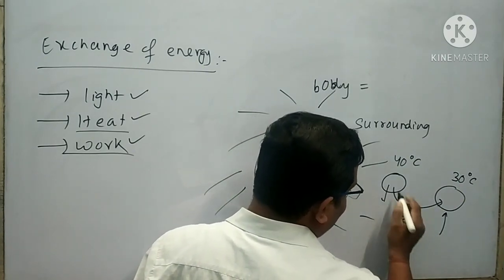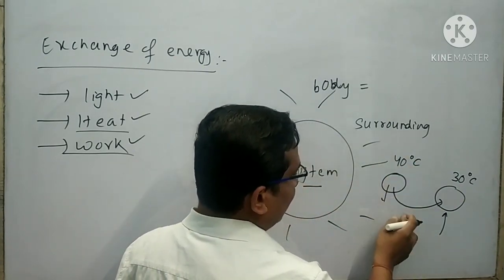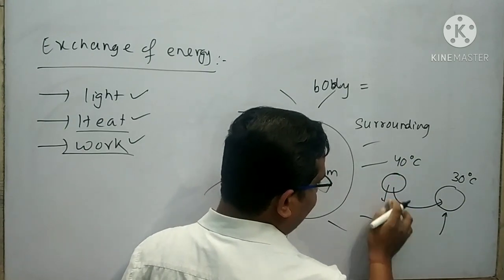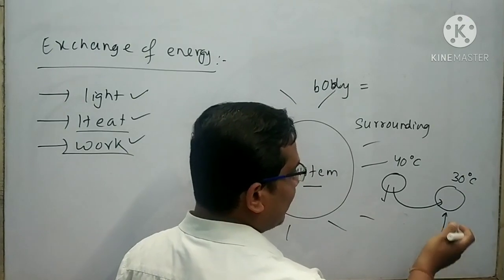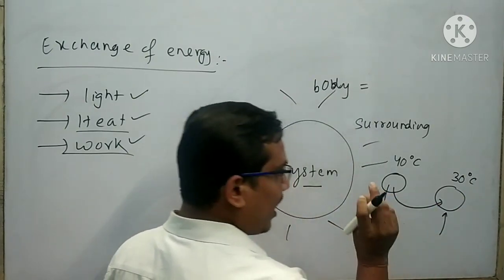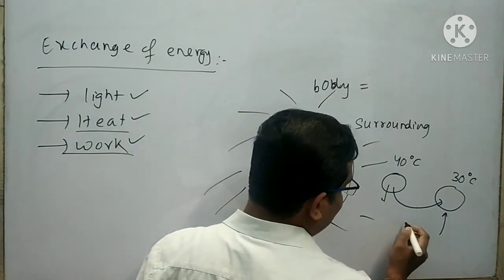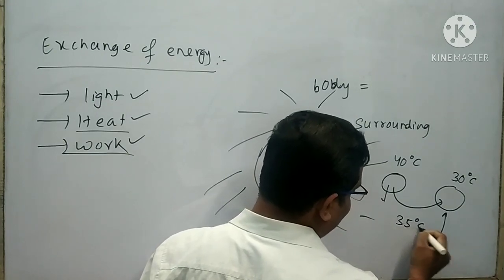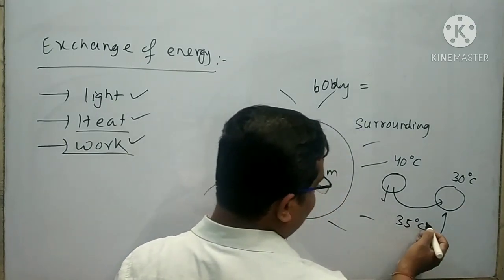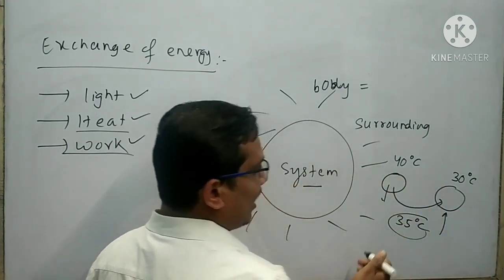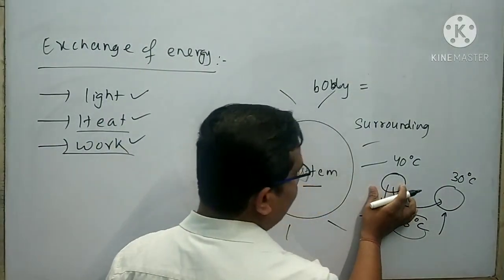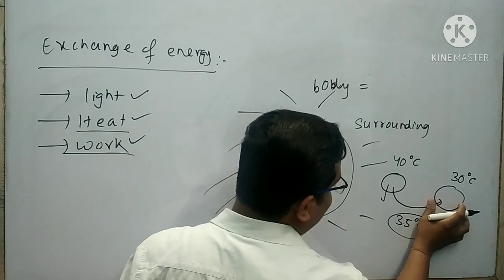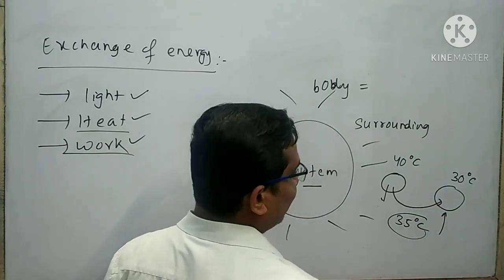After the decrease of the temperature of this body and the increase of the temperature of this body, an equilibrium point will be reached at 35 degrees centigrade. At this temperature, both bodies have the same temperature, that means this body has 35 degrees centigrade, this body also has 35 degrees centigrade.